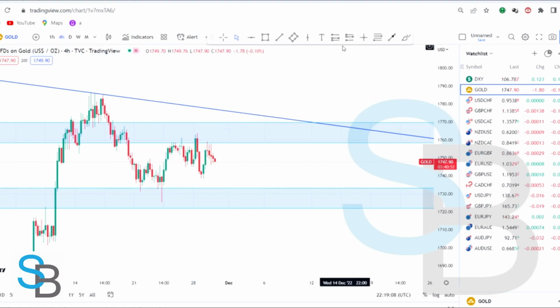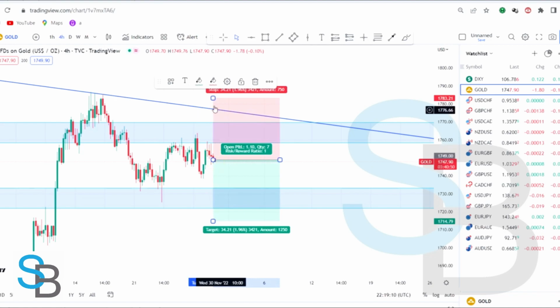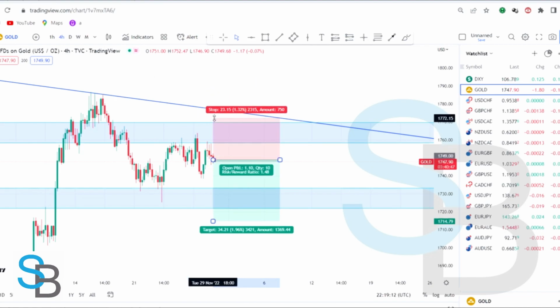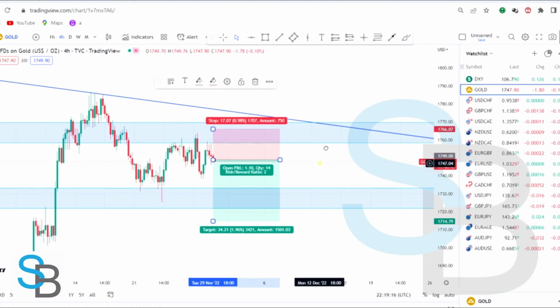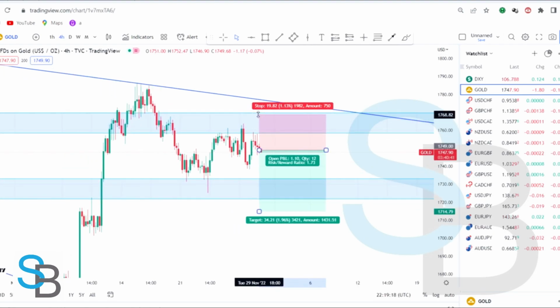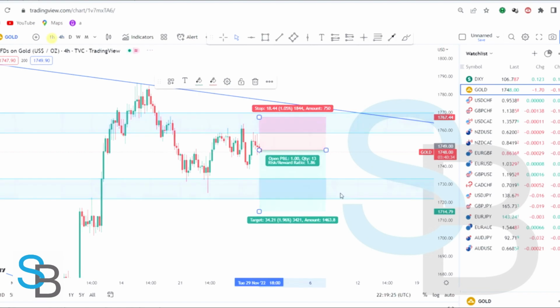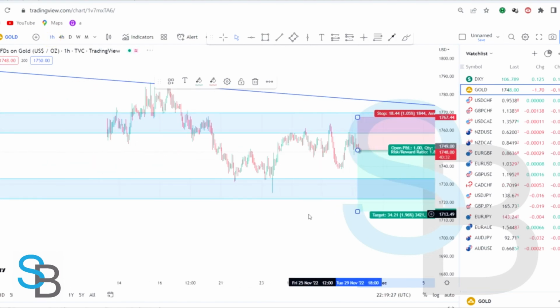And for my stop loss, I won't put it too far, really. So gold is very volatile, and you can see that we are already having a stop loss of 184 pips on our 4-hour time frame, right?